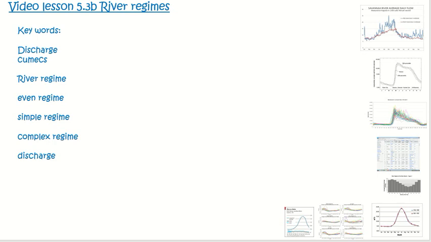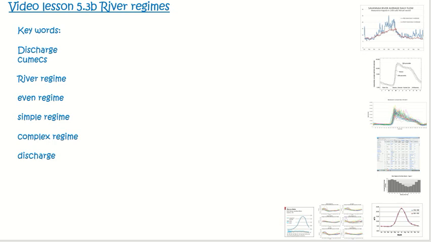Now, there's three different types of river regimes. An even regime is where the flow and the discharge of the river doesn't really change throughout the year. So it's constant, steady. You could use those descriptors to describe it, and we'll have a look at a couple of those in a minute.